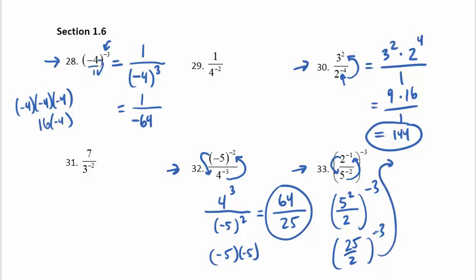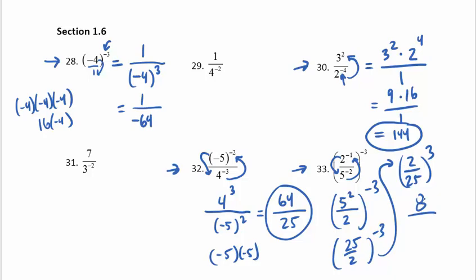Now let's deal with this negative exponent here. So this negative exponent is going to the whole fraction. So this is the time, or the only time, where I flip the whole fraction. So that's going to be then 2 over 25. And what that will do is get rid of the negative on that 3 as my exponent. Now I want to take each of these things to the third power. 2 to the third power, which is going to give me 8.